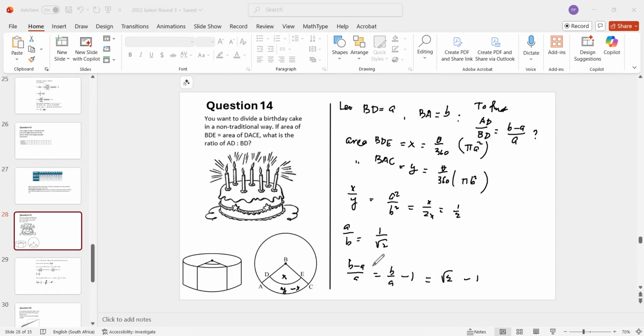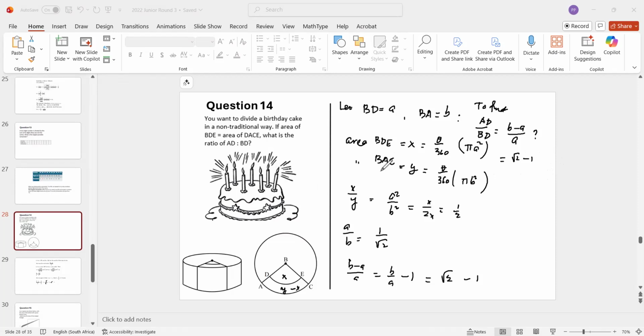So that's the answer to the question. This is equal to root 2 minus 1. Or if you want to really answer the question, AD is to BD is root 2 minus 1 is to 1. So the denominator is 1.